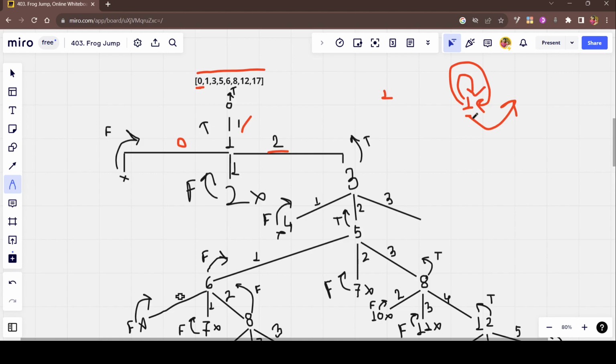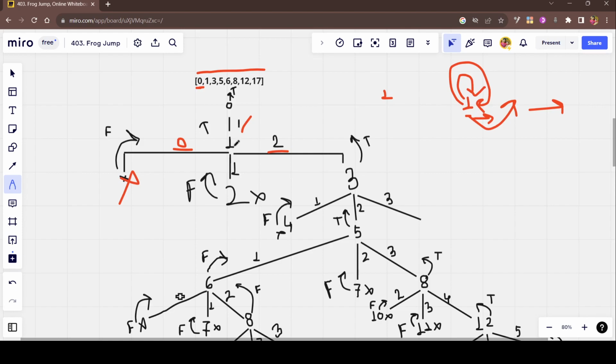It is not possible for the frog to move forward or to reach the last index. Okay, so we will discard this: if a jump is of 0 units, we will discard it because it is not possible for a frog with a 0 unit jump to land on the last index.